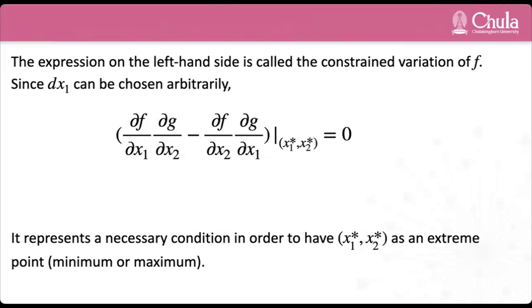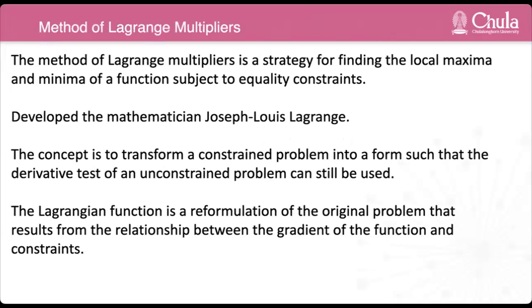So this equation represents the necessary condition in order to have x star as an extreme point in a constraint problem, because this one already includes the constraint. Okay, so that is the background.